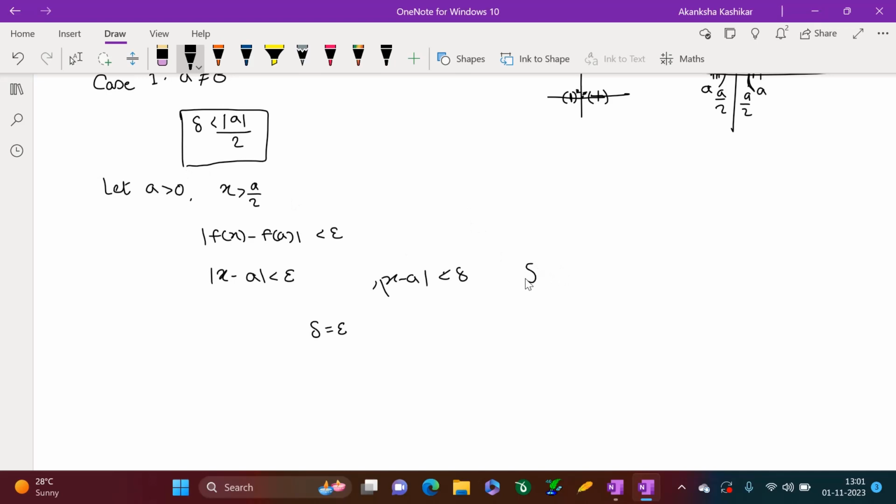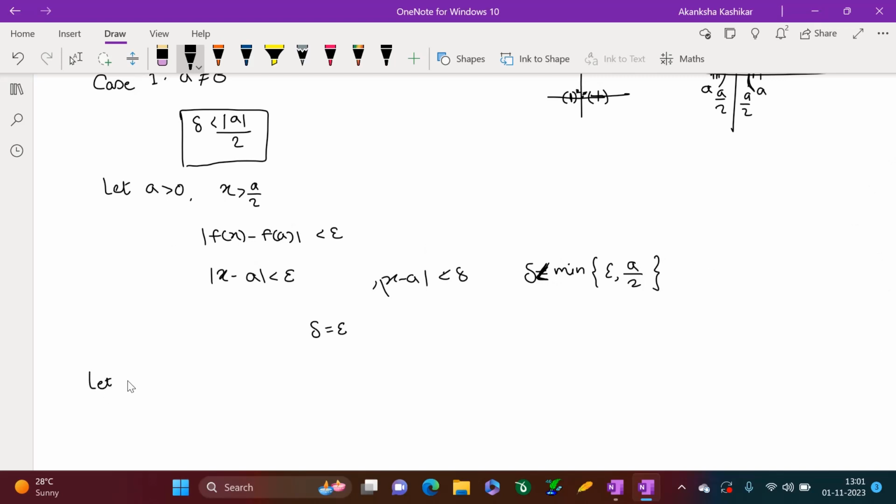So my final choice of delta will be the minimum of epsilon comma a by 2, because a is positive. It should be less than this, so you can take half of the minimum of epsilon and a by 2. This is for positive a.